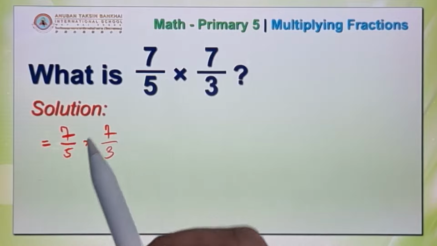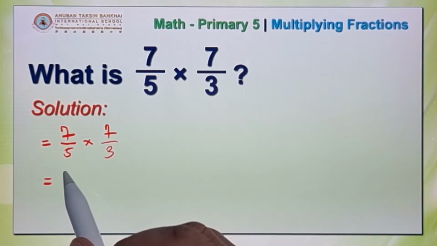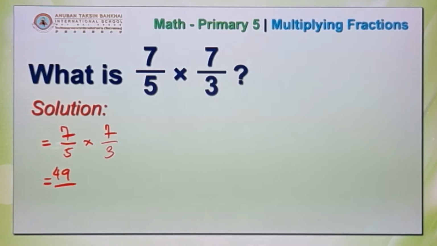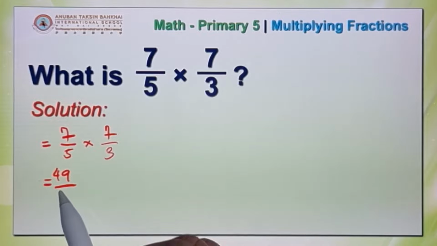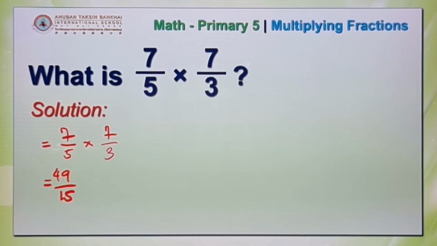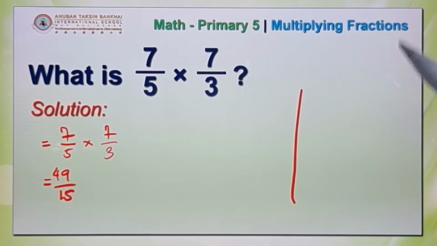So we have 7 times 7, we have 49. And we have 5 times 3, we have 15. This is an improper fraction, so we need to change this into a mixed number. Let's have a quick solution here on the side.